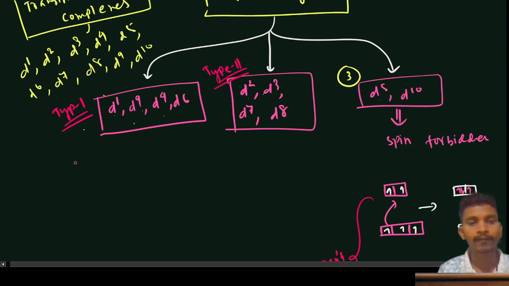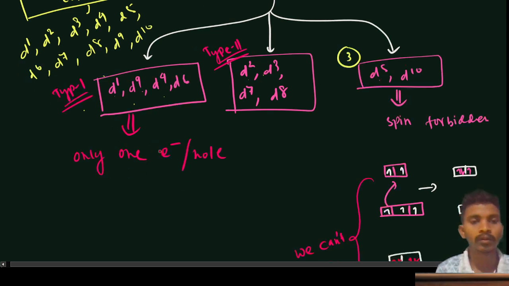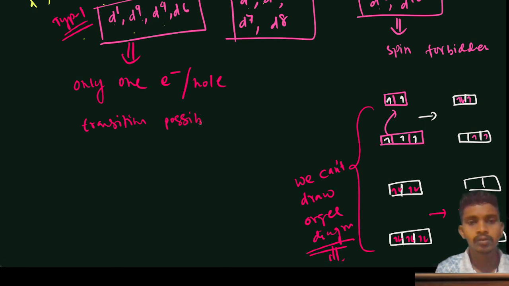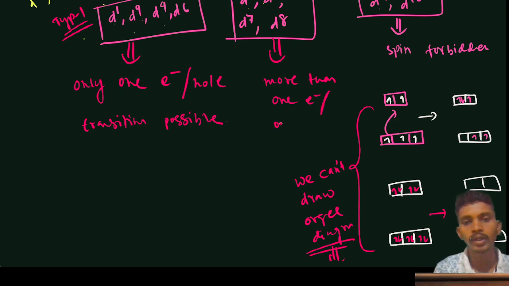Okay, so in type 1, only one electron or hole transition is possible, and in this case, more than one electron or one hole transition is possible.